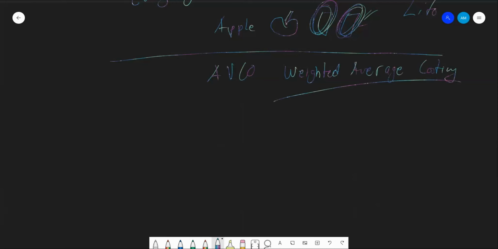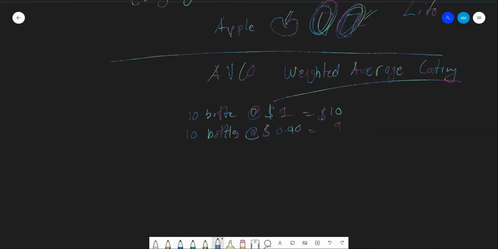So what this does is that every time you get a new shipment, you recalculate the value of each of that item. So let's say you had 10 bottles at $1. That means it's 10, right? You get another shipment of 10 bottles at 0.90. How much is that?